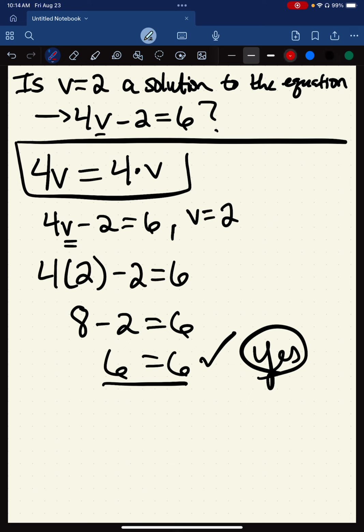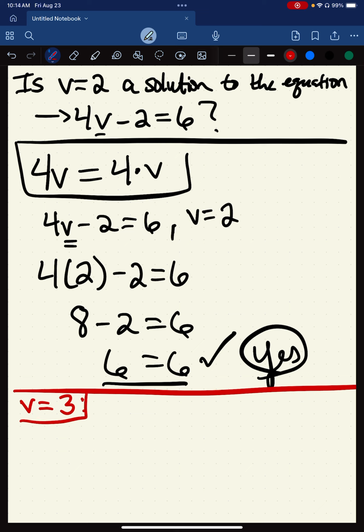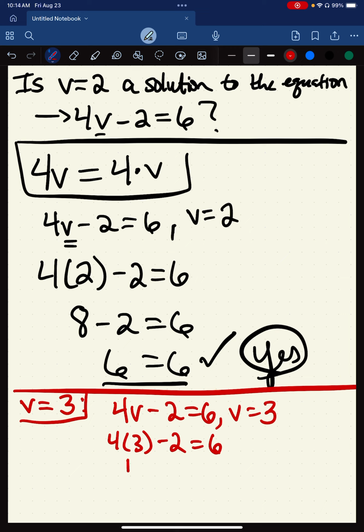Let's say, and I'll do it on the same page here, what if v was 3? Then we have 4v minus 2 equals 6, where v is 3. Then we have 4 times 3 minus 2 equals 6. 4 times 3 is 12. 12 minus 2 is 10.